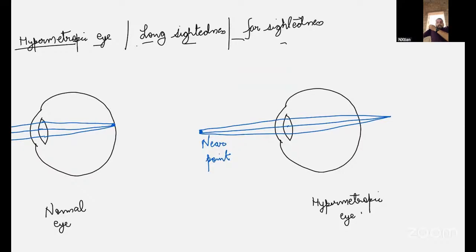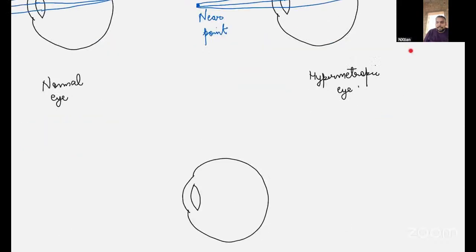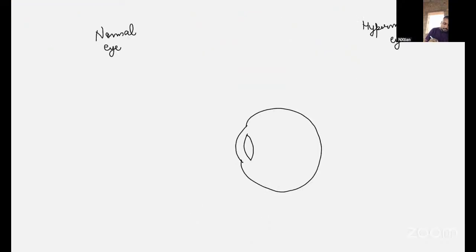Which lens can we use? Obviously a converging lens only, because only a converging lens can shift the image towards the eye lens. Are you getting my point? So this is a correction, and the correction can be done by the converging lens.